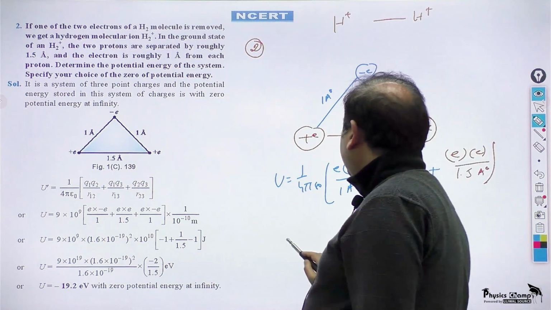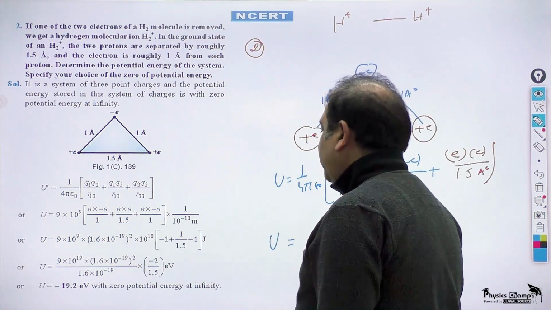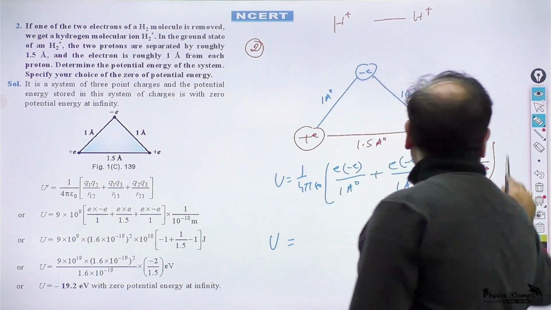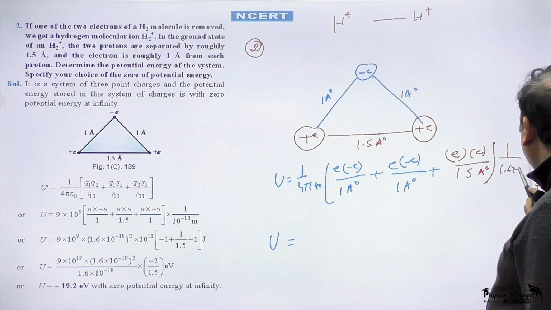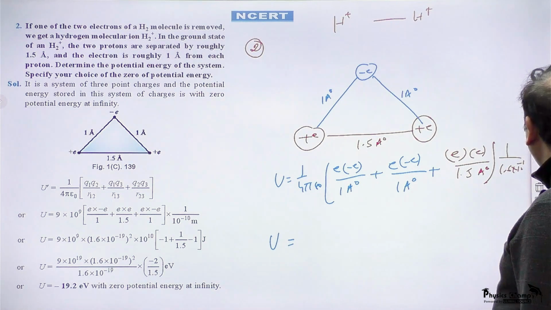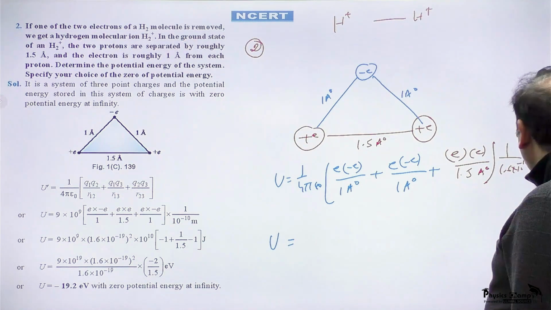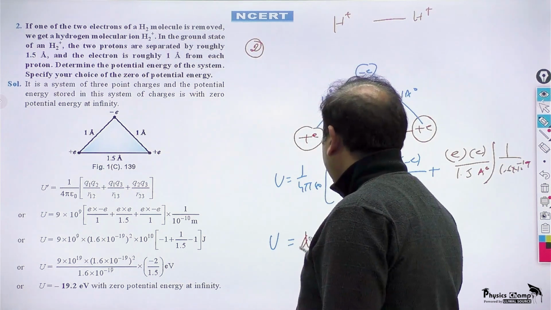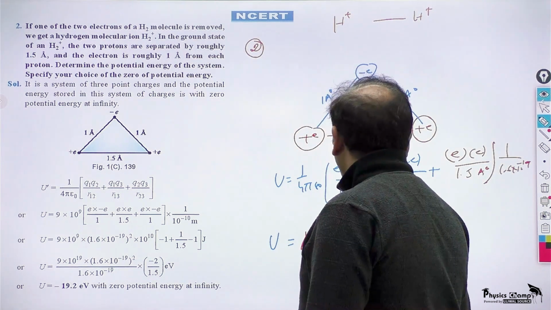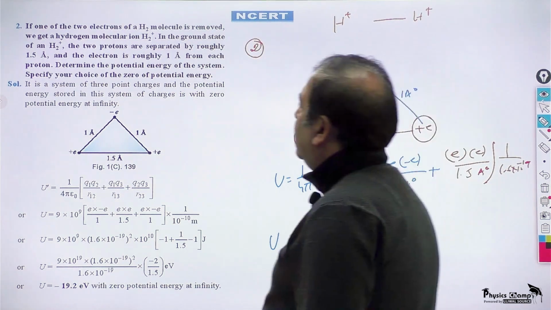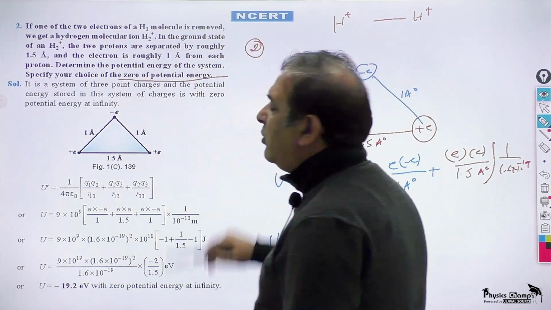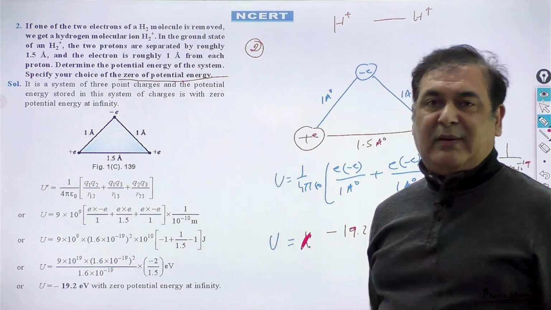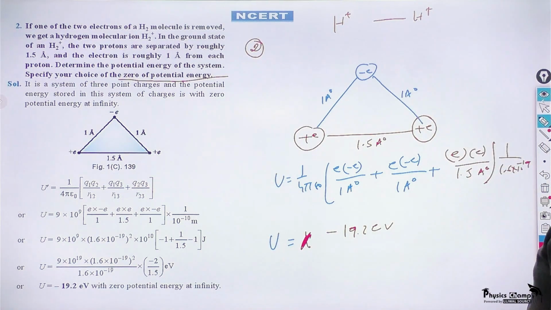So we put the values, and if we divide it by 1.6 into 10 to the power minus 19 joule, we get electric potential energy in electron volt, and it comes out to be minus 19.2 electron volt. Specify your choice for 0 potential energy. The answer is we have taken the 0 potential energy at infinity. So this is question number 2, a straight question for you.